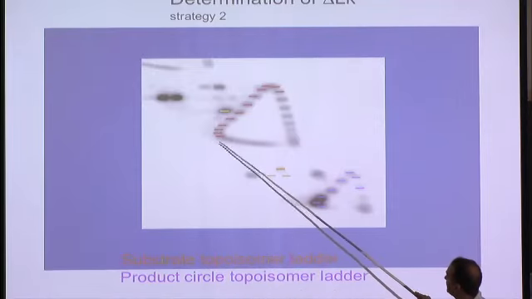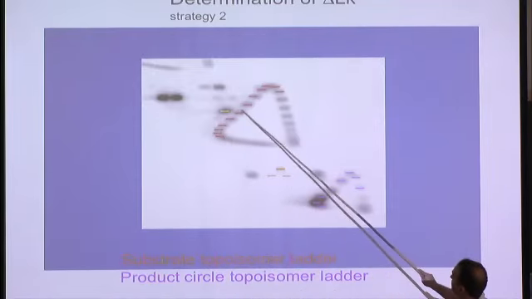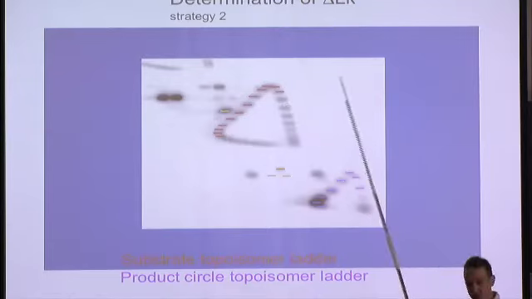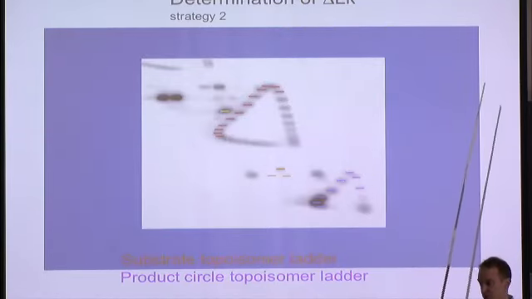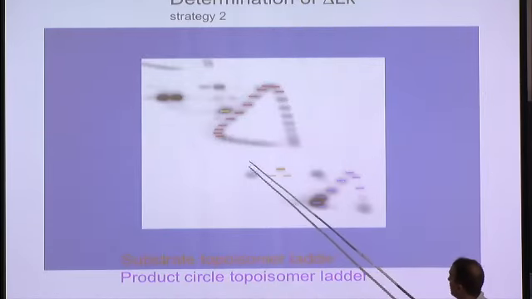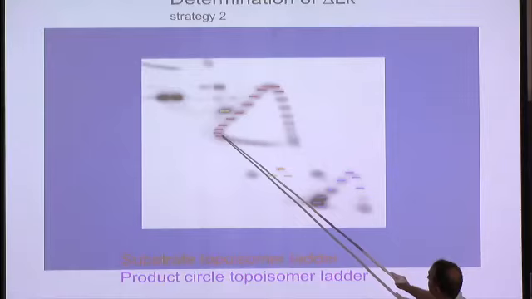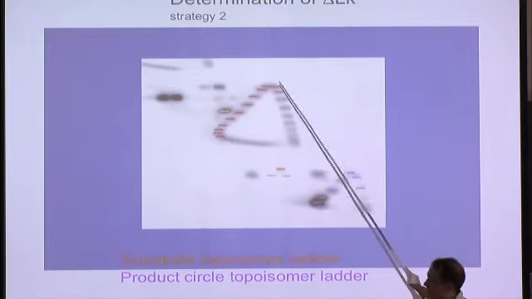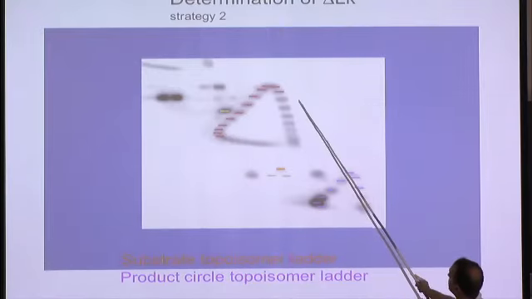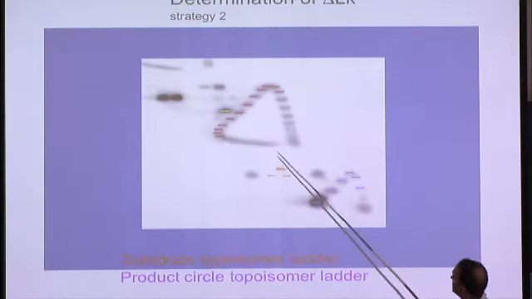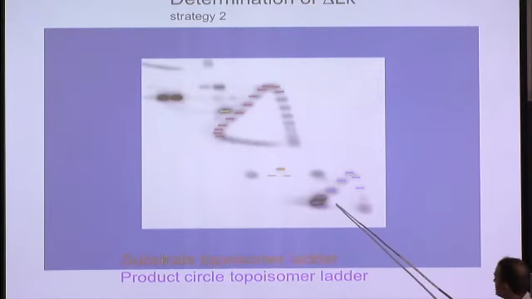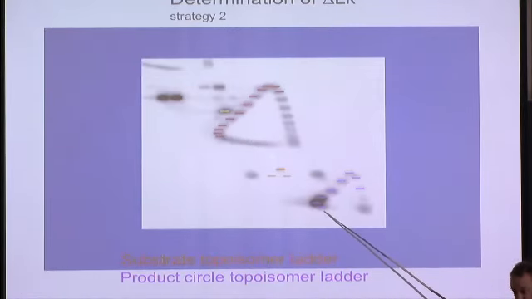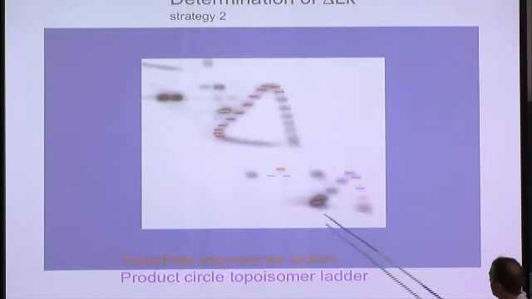So in red, this is a ladder of topoisomers produced from the substrate plasmid, this 2.4 kb plasmid, and we can see individual topoisomers that differ, again, each one from the next by 1 unit of linkage. And this now is a ladder made from the circular product of recombination, this 1.2 kb circle. And again, we can see individual bands.